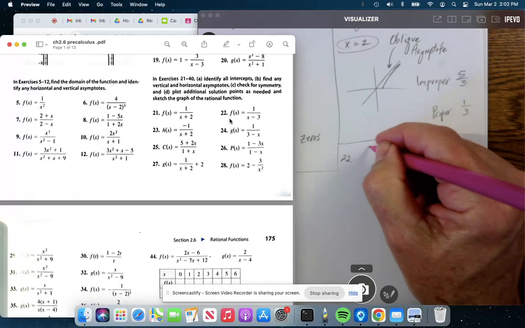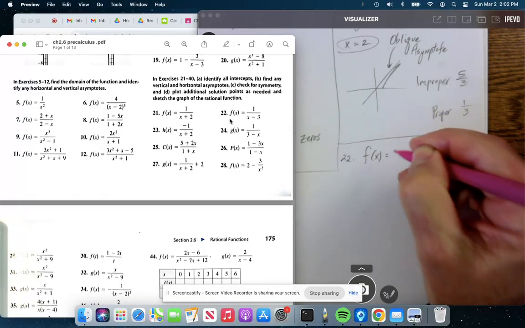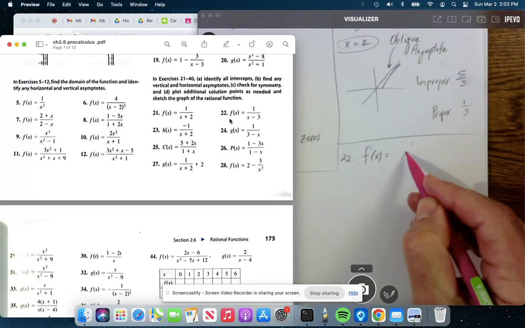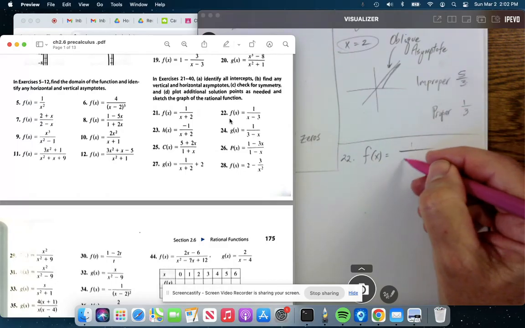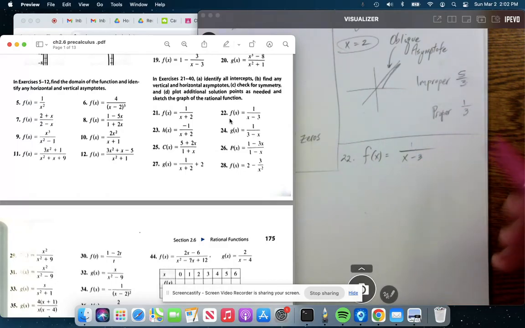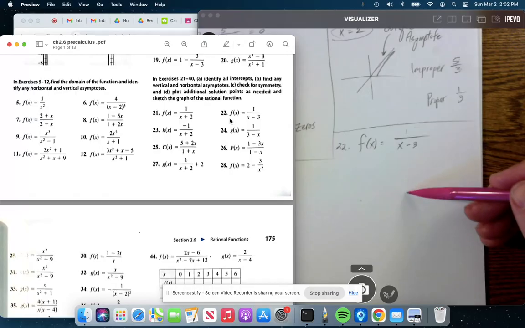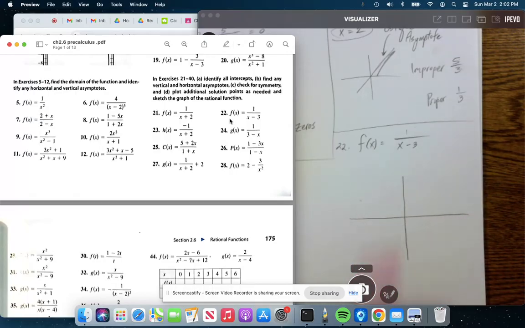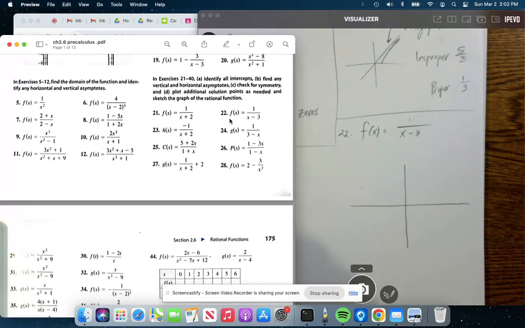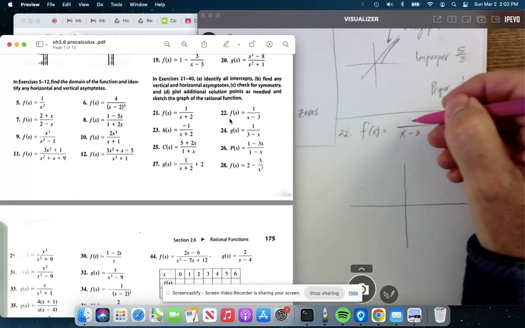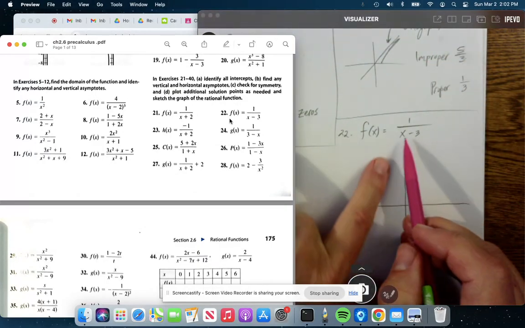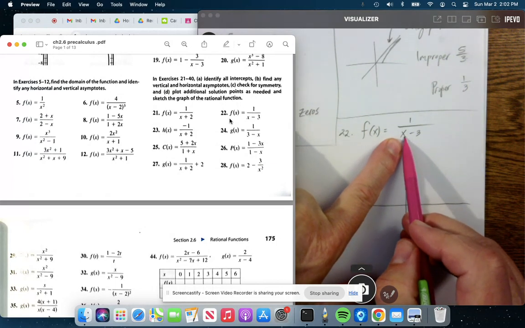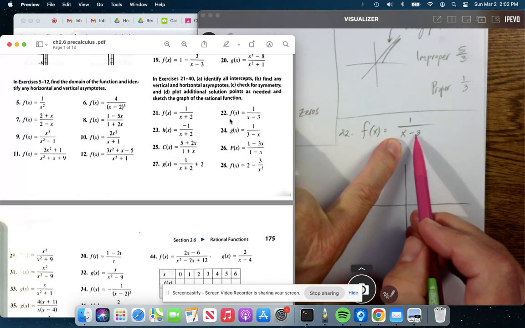So f of x equals 1 over x minus 3. What I see first is x can't be 3, because 3 minus 3 is 0.